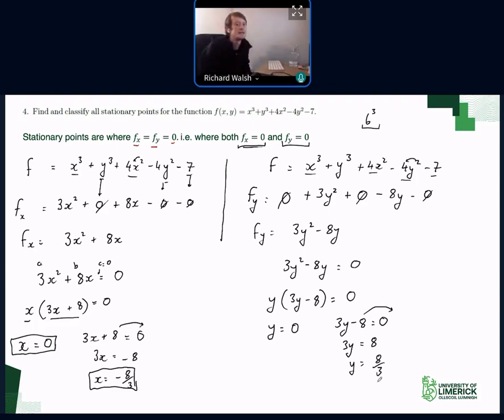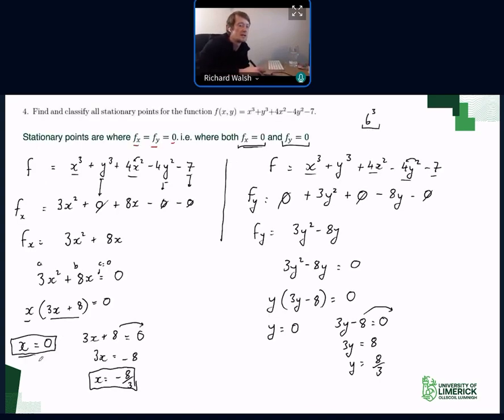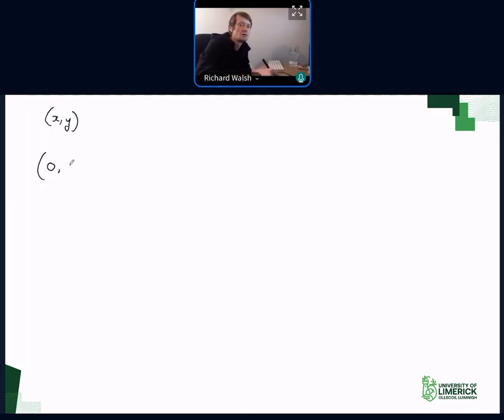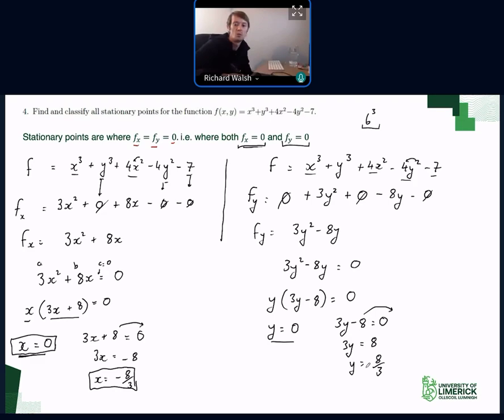So for my stationary points now, I'm going to take all combinations of those. So a point is (x, y) in brackets. So my xy coordinates for my stationary points: here x is 0 with y equal to 0. I'm going to combine all of those. So that's one stationary point. x is 0 with y being 8/3 is another one.